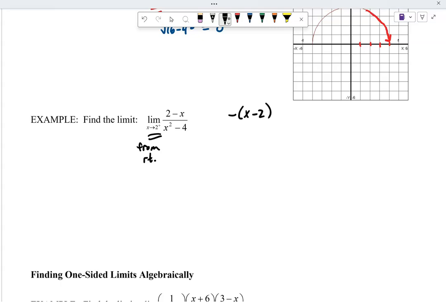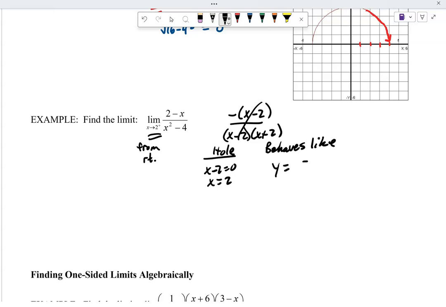Notice that's the same as 2 minus x over, and I'm going to factor this, x minus 2 times x plus 2. So I've got a hole there at x being 2, and this thing behaves like y equals negative 1 over x plus 2.